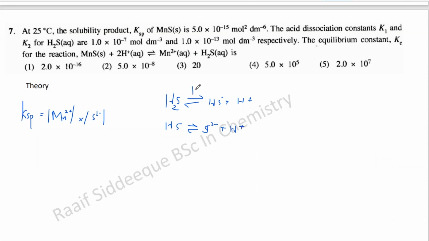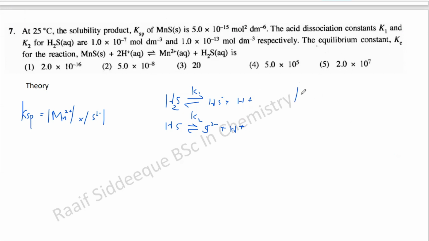So this is K1 and this is capital K2. All these values are given, right? Ksp is given, K1 is given, K2 is given, 10 to the power minus 7, 10 to the power minus 13. And they are given another equilibrium reaction.